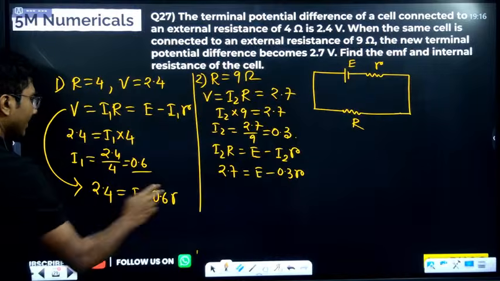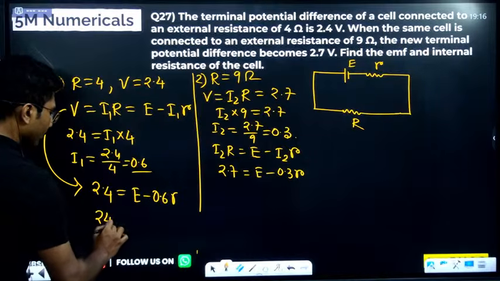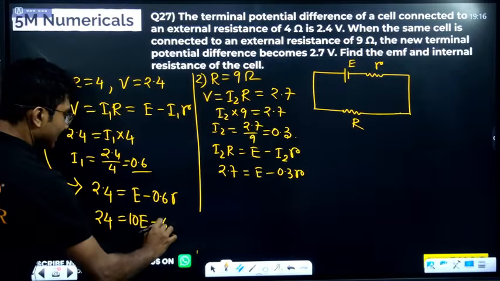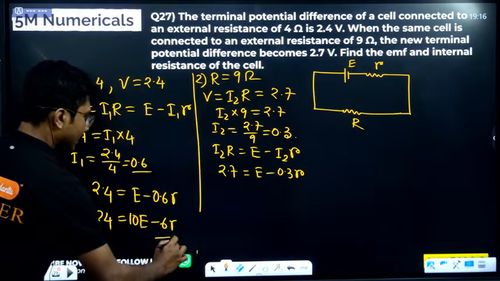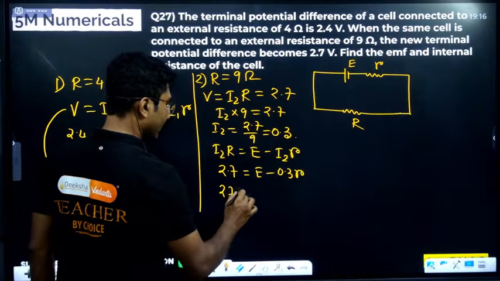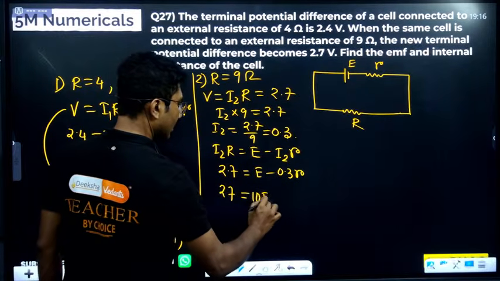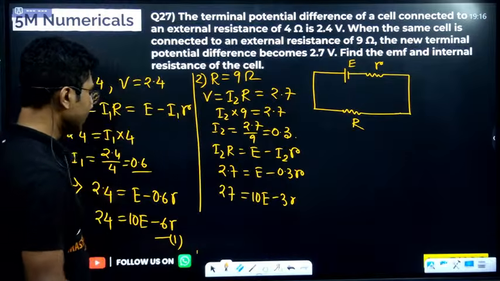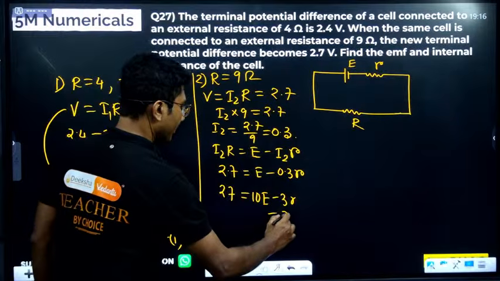Now let's do one thing. Let's multiply everything with 10. So 24 equals 10E minus 6r. This is equation 1. Here also multiply everything with 10. We get 27 equals 10E minus 3r. So this is equation number 2, and this is equation number 1.